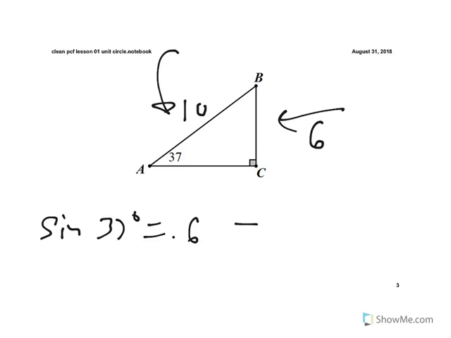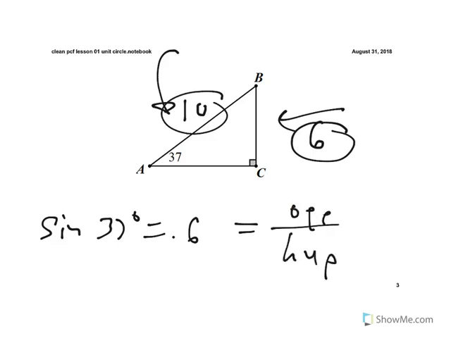Another way of saying that is that if I divide the length of the opposite side by the hypotenuse, opposite over hypotenuse, otherwise known as the ratio of the opposite to the hypotenuse, it is going to be 0.6. But I like to think of it almost like a percent.